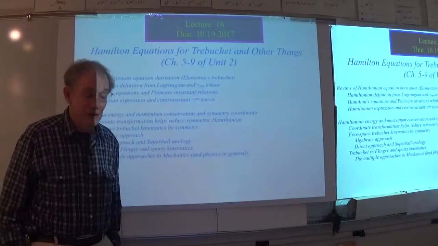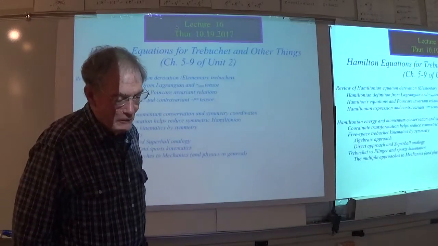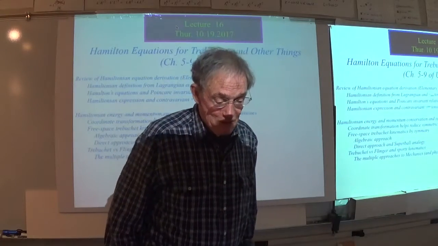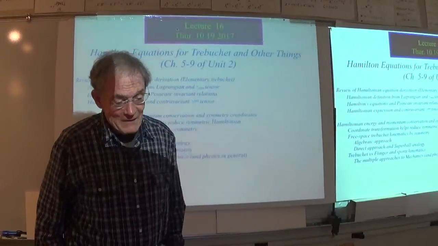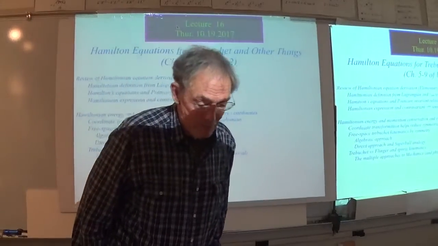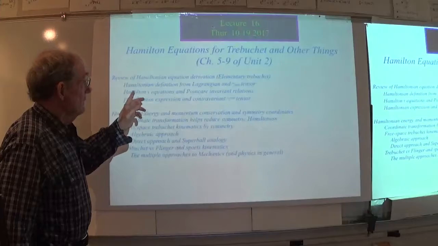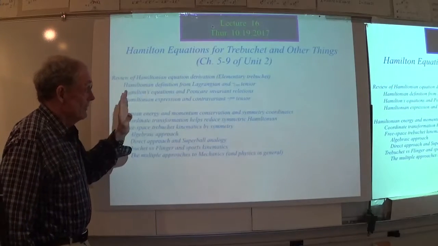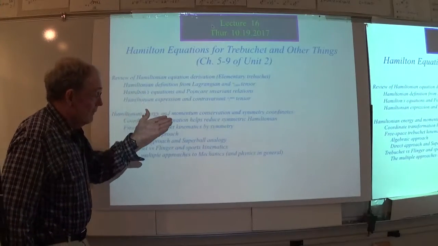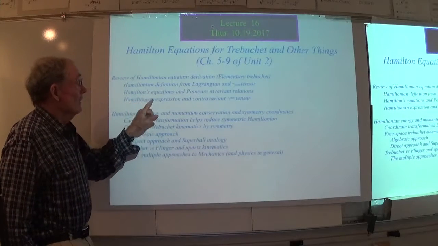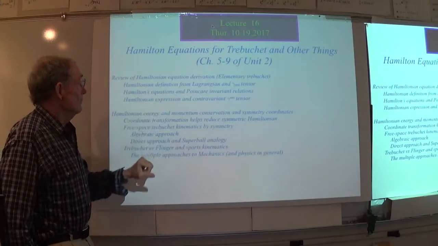Okay, today's the advent of the Irish way to look at the Trebuchet, and they should know, they built them long ago. But what we'll mainly do today is show how all of our Lagrangian Trebuchet stuff relates to the Hamiltonian one.